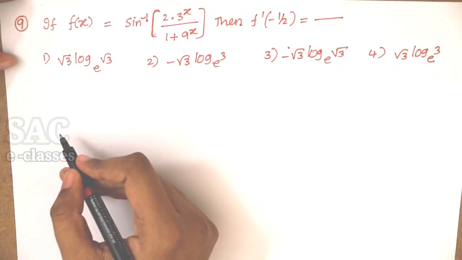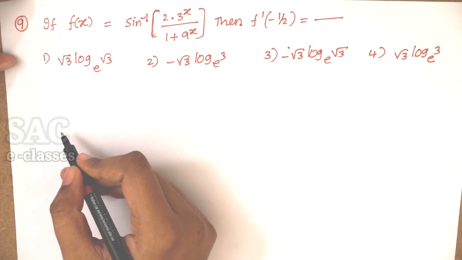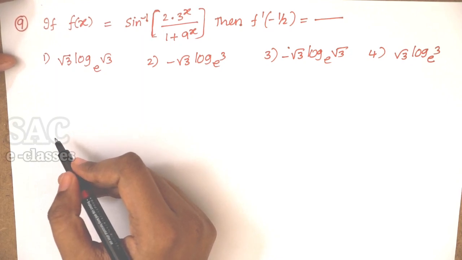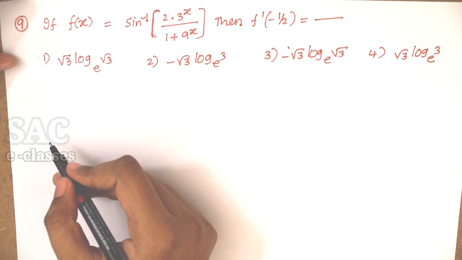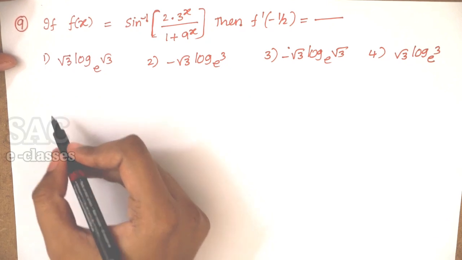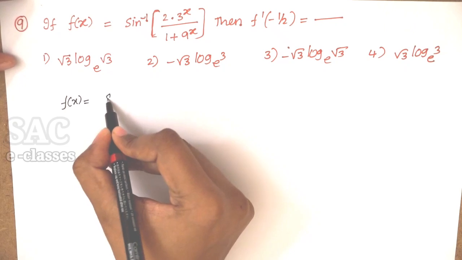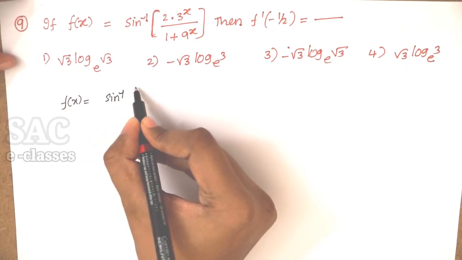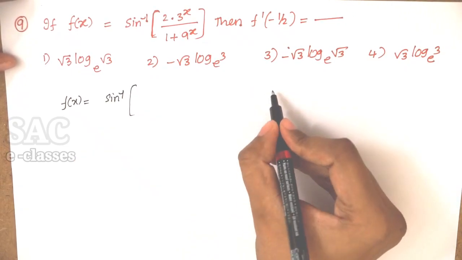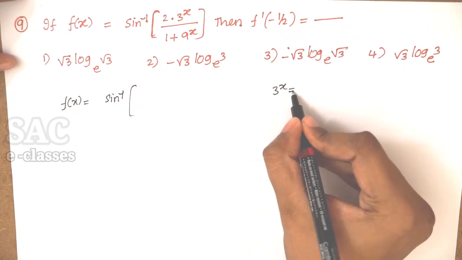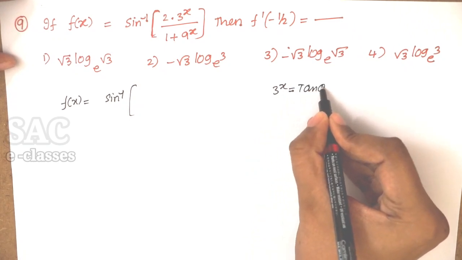Let us move to the next problem. Now look at the 9th problem. f of x is equal to sin inverse of 2 into 3 power x by 1 plus 9 power x is given. So it is looking like the sin 2 theta formula. By assuming that 3 power x is tan theta, we can solve this one.